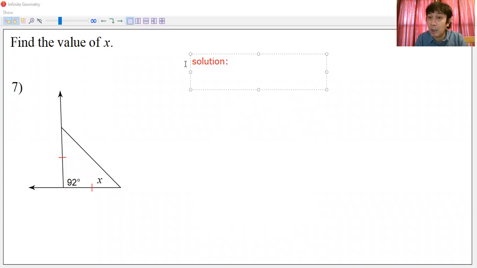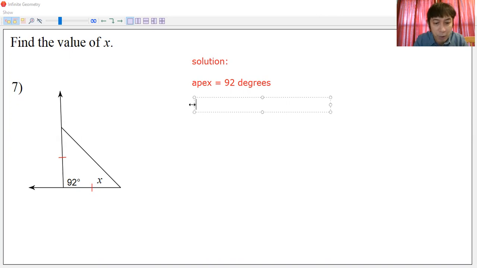Okay, here's the given apex angle is equal to 92 degrees. There, okay. Now we're going to subtract 92 from 180. Okay, so we're going to do subtraction. So 180 minus 92. There, okay.